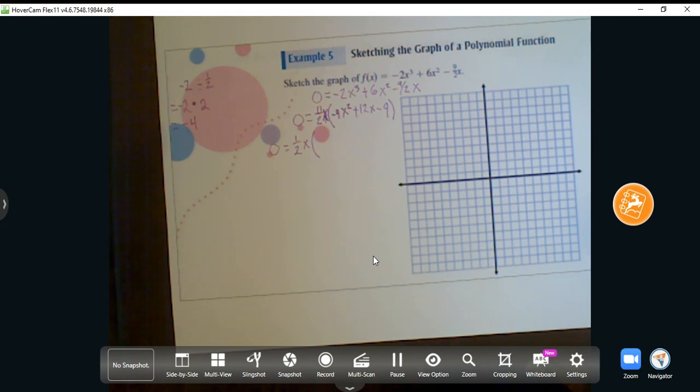So we have a -4 times a -9, which gives us 36. So we're looking for two numbers that multiply together to give us 36, that add together to give us a positive 12.